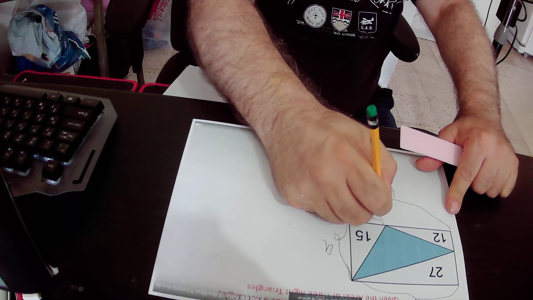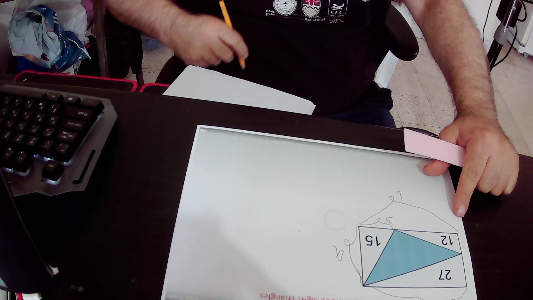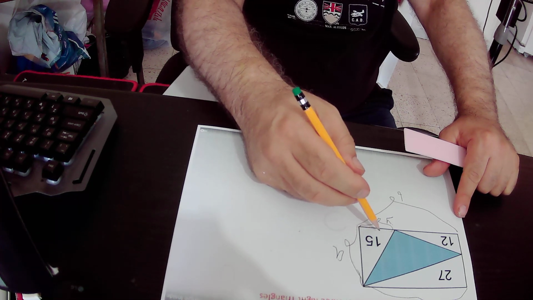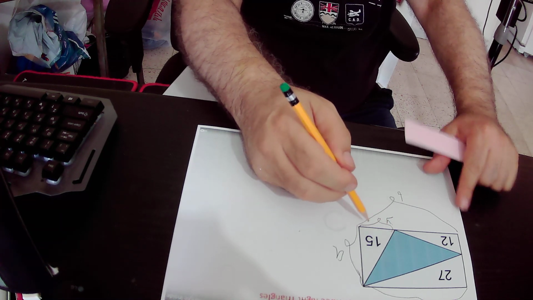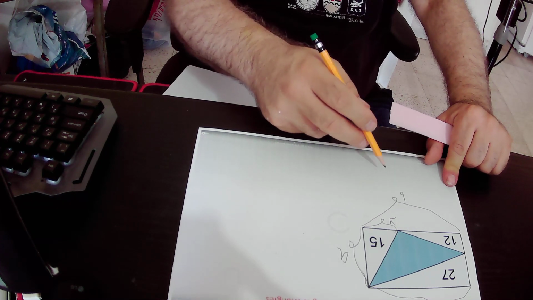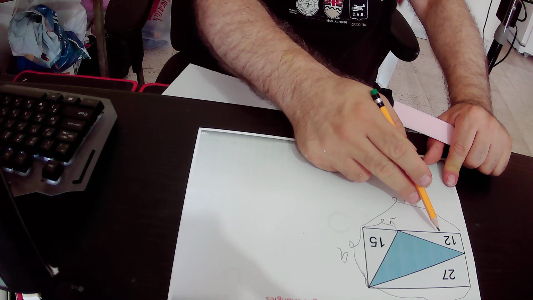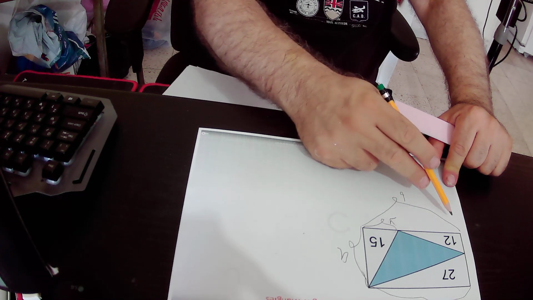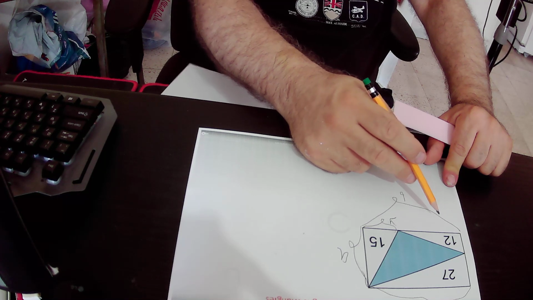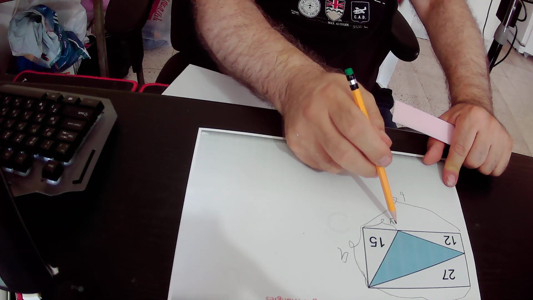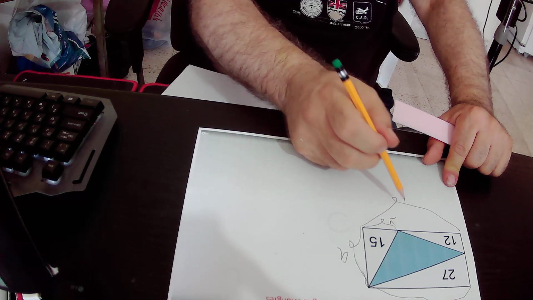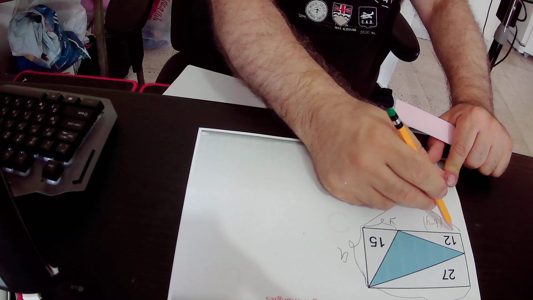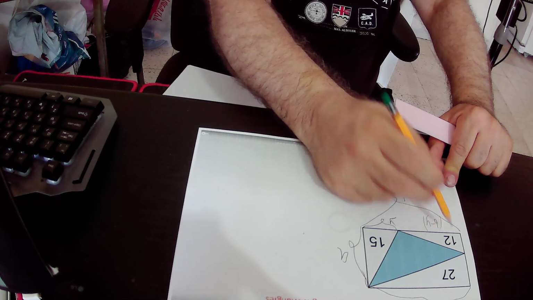Let's define it as Y. The base of this right triangle that its area is 15 will be defined as Y. So you can immediately deduce that the base of the triangle whose area is 12 units will be the length of the rectangle, that is B, minus the base of this triangle, that is Y. So B minus Y is the base of this triangle whose area is 12 units.